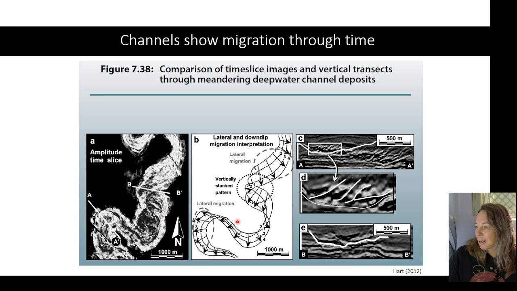And so you could see them in time slices and horizon slices, but you could also see it in the internal architecture of the channel. So with C, D, and E, we're looking at cross sections through that channel, and you could see the stacking and the movement of that channel as it evolved through time.